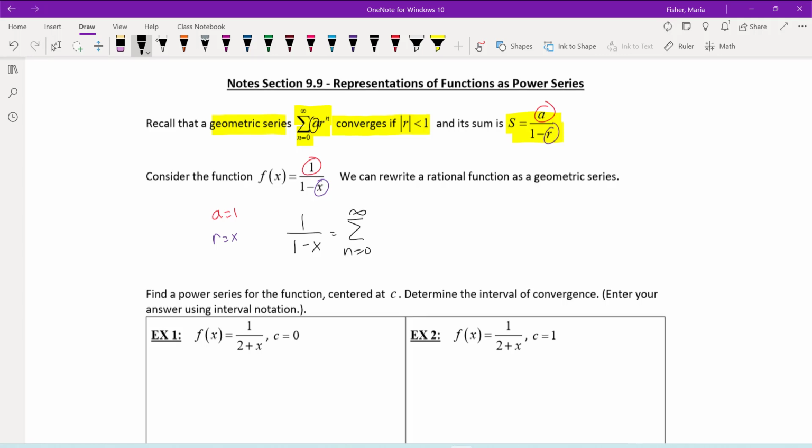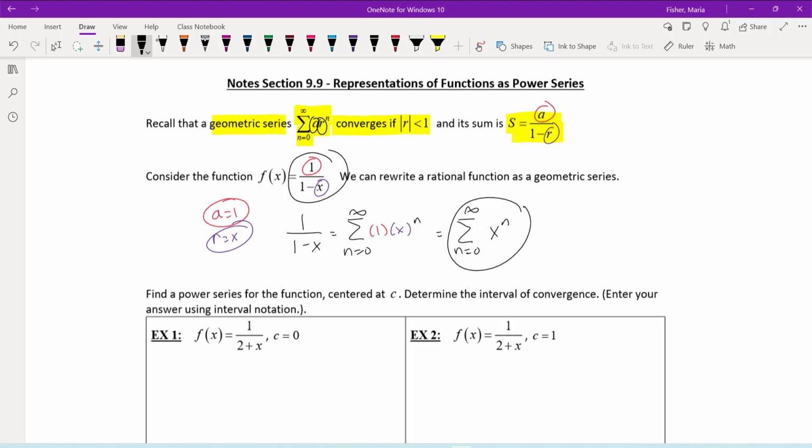Instead of a, I would write 1, and then instead of r, I would write x, and that still gets raised to the nth power. Now I don't need that 1 there, so this is really just the sum from n equals 0 to infinity of x to the n. So this series represents this function.